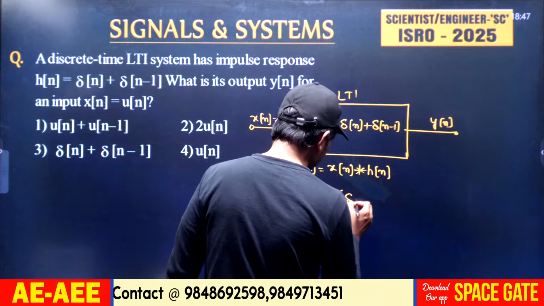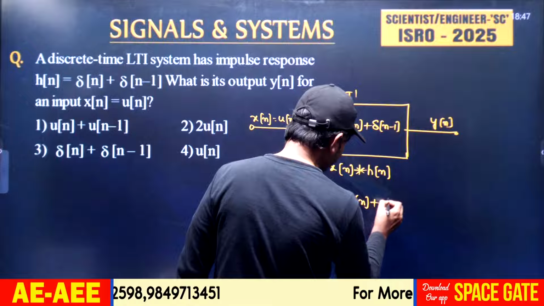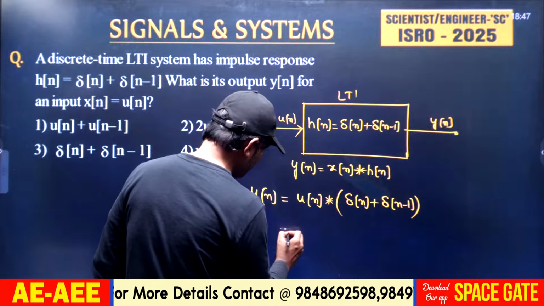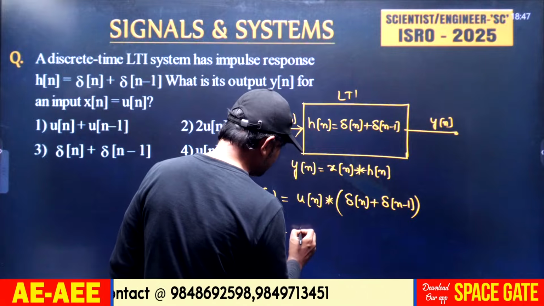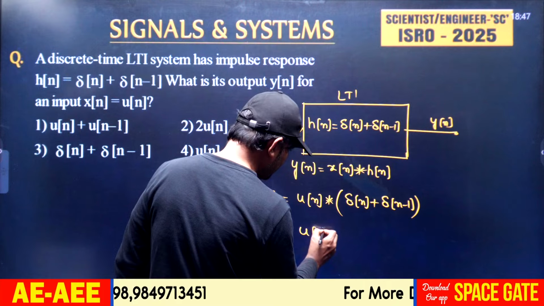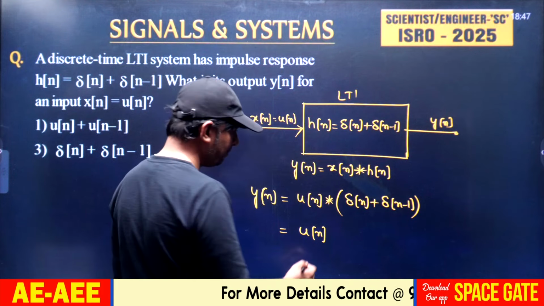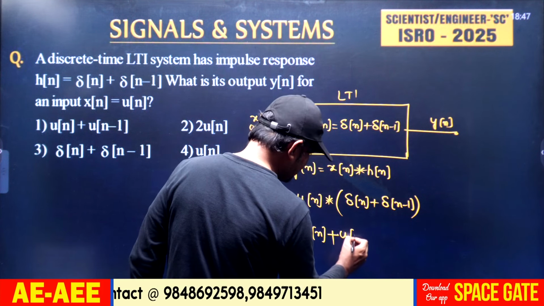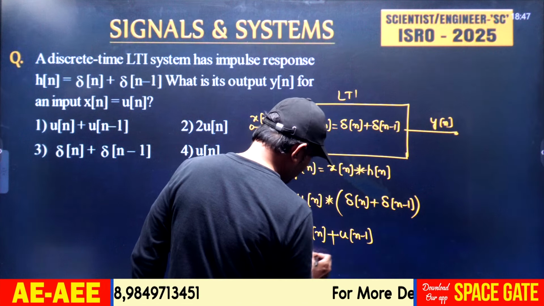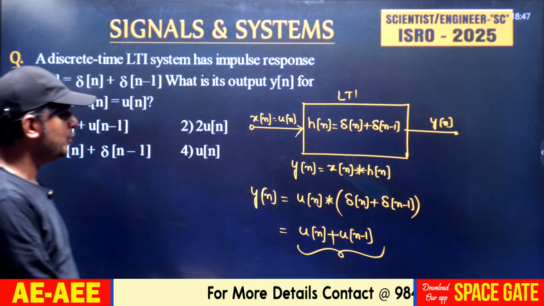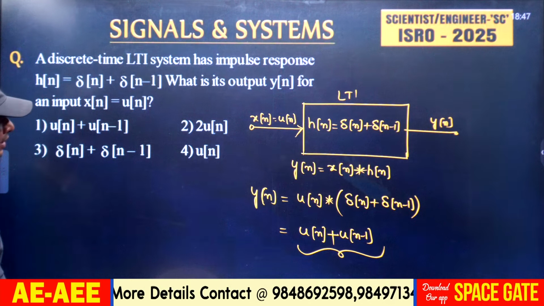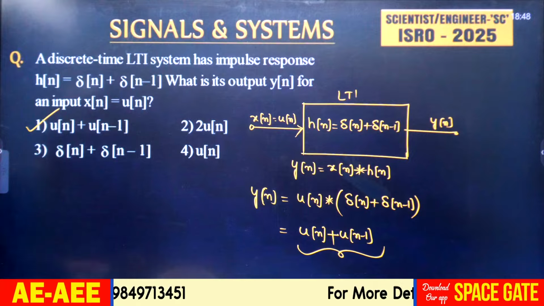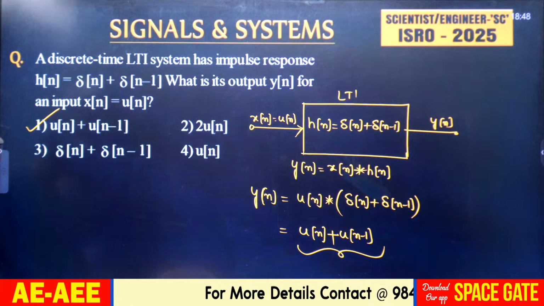H of n is del of n plus del of n minus 1. Now convolution of a signal with an impulse signal gives the same signal, and you can use the distributive property, plus convolution of a signal with a shifted impulse simply shifts the signal. So the answer would be u of n plus u of n minus 1, and among the options you can select option 1 as the answer.